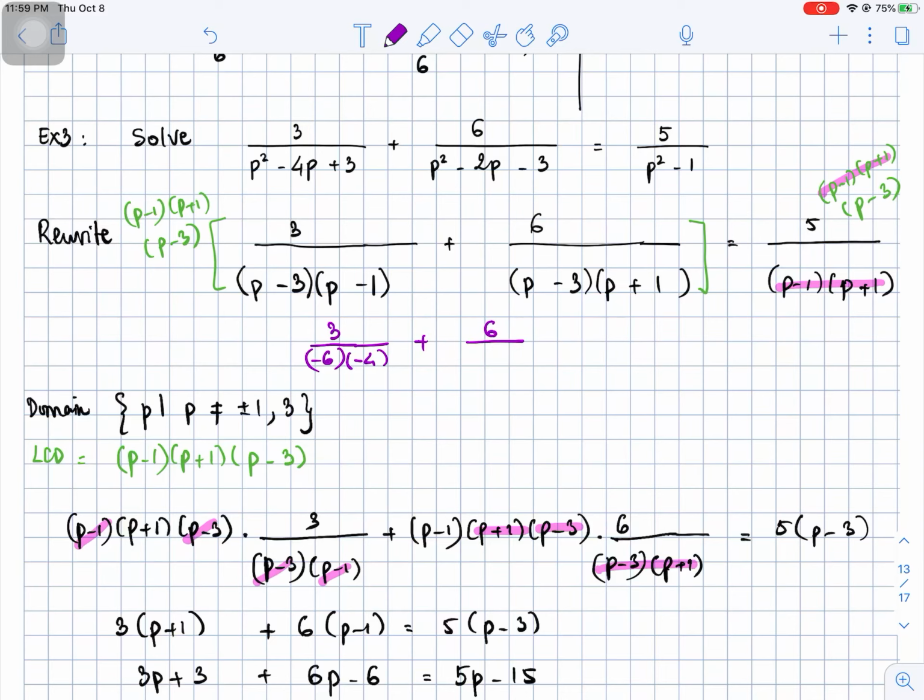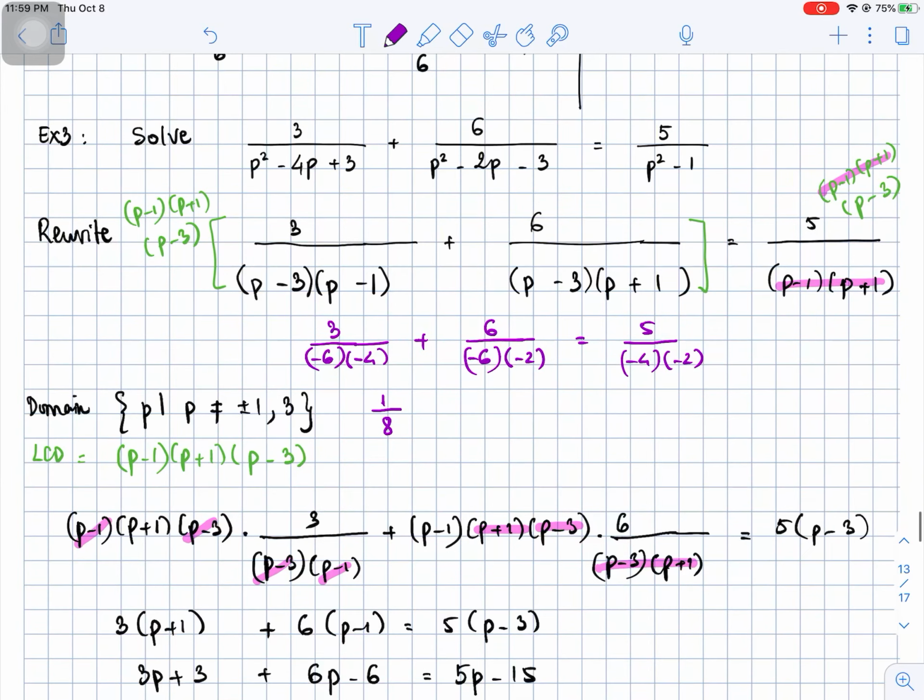Okay, so we have 3 over the first parenthesis, you have -3 here, so we get -6 times -4, plus 6 over -3 minus 3 for the first parenthesis is -6, and -3 plus 1 is -2, equal to 5 over -4 times -2.